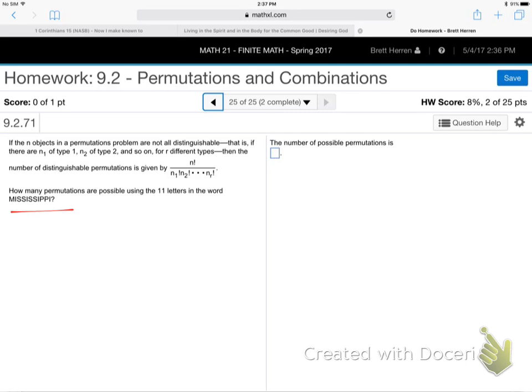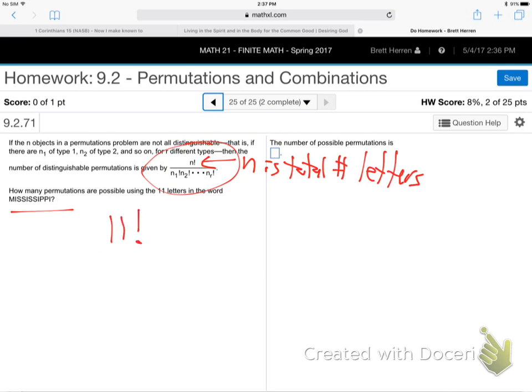Well, there's a simple formula. You can put this on your 3x5 card. Basically, you take the total, this N is the total number of letters. How many total letters in Mississippi? 11: 1, 2, 3, 4, 5, 6, 7, 8, 9, 10, 11. So the top is 11 factorial, that exclamation thing on your calculator.